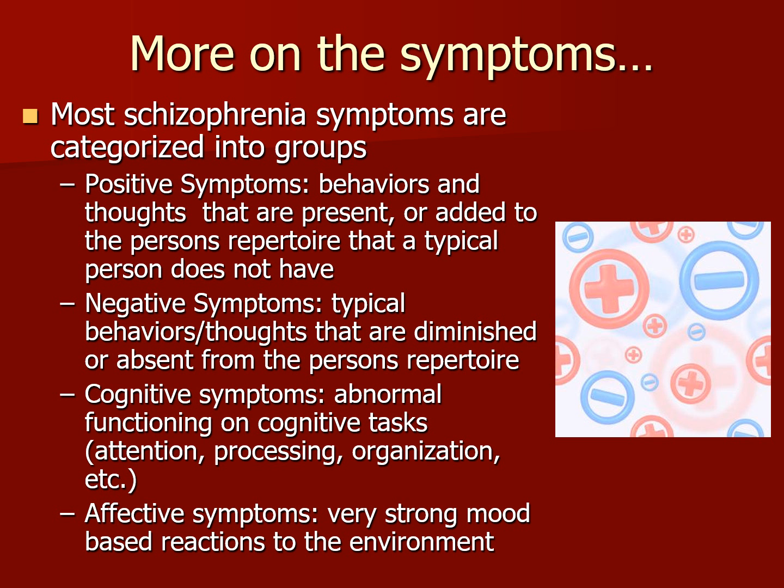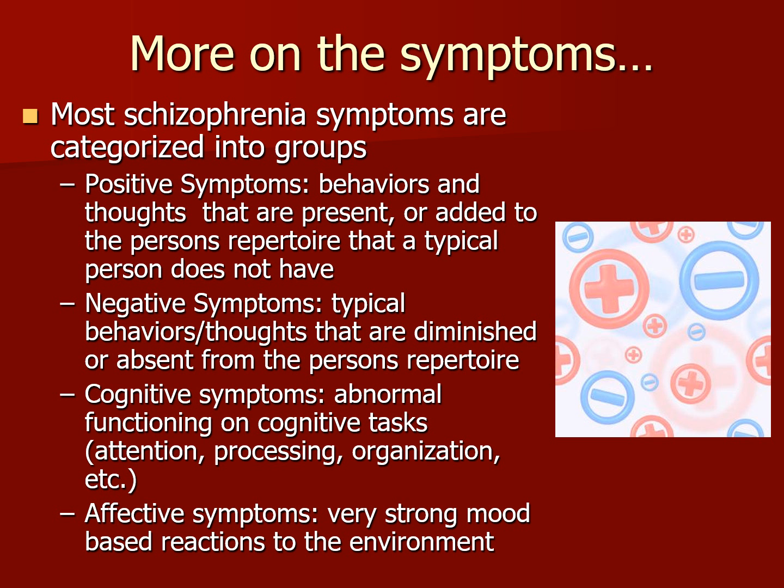And we'll go through all of these as we progress, but just so we have a sense of where we're going to be going, know that positive symptoms and negative symptoms are not good things and bad things that these people have, but instead they're about behavioral patterns, thought patterns that these people are possessing that most people don't possess, or things that they're not displaying that people typically do possess.